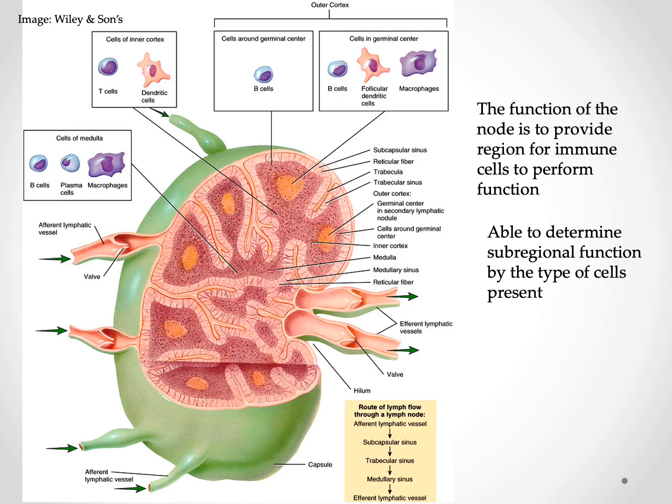As we get to the inner cortex, we're going to start seeing our T cells and our dendritic cells, where we're going to start having our cytotoxic responses taking place, as well as some more macrophagic activity. As we head into the medullary region of the lymph node, we're going to start seeing the plasma B cells.